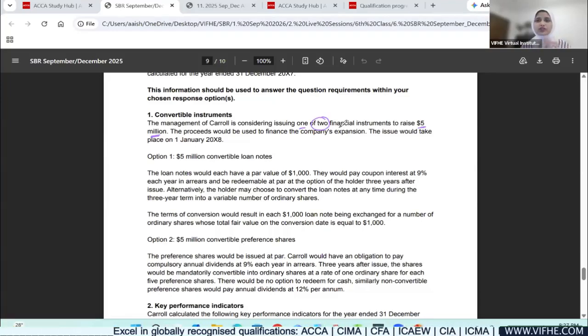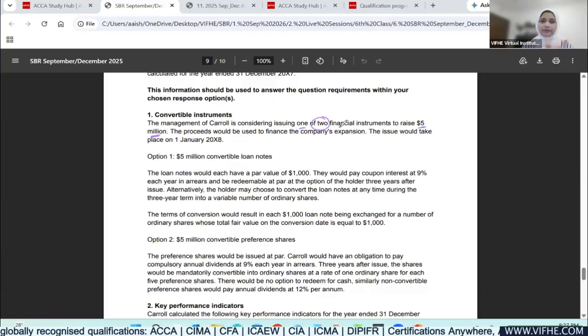At the management position, so many of the bonuses of the management are dependent on their KPIs, right? The KPIs for management, like the controllers, the senior managers, the CFOs, are based on profit figures. Profit should be so much, or should increase by 3% compared to previous year, or by 5%. These could be the KPIs. The gearing should be so and so. Gearing should not exceed this level.